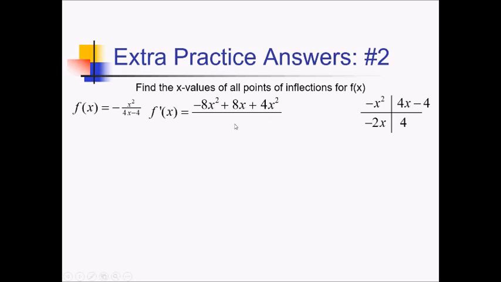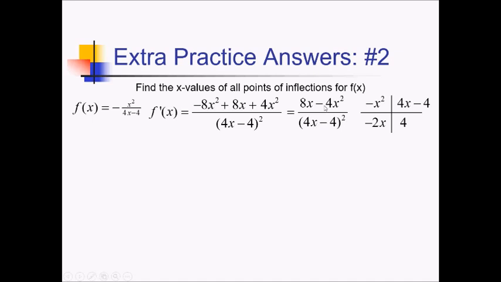And that's all going to be over v squared, which in this case is going to be 4x minus 4 quantity squared. All right, so I'm going to simplify this a little bit because I'm about to take another derivative. So let's make my life a little bit easier. Negative 8x squared and 4x squared can simplify to just negative 4x squared. So I'll put that in there. All right, so this is my first derivative.